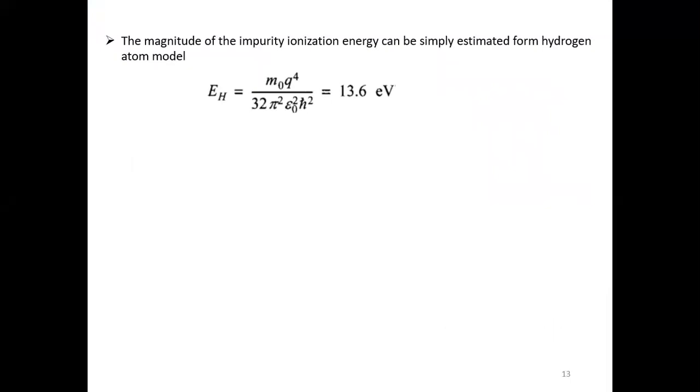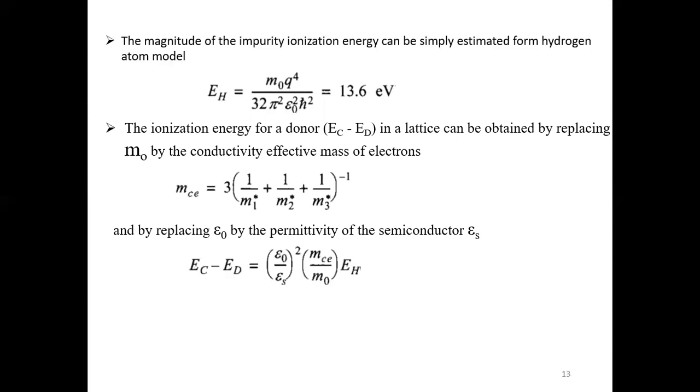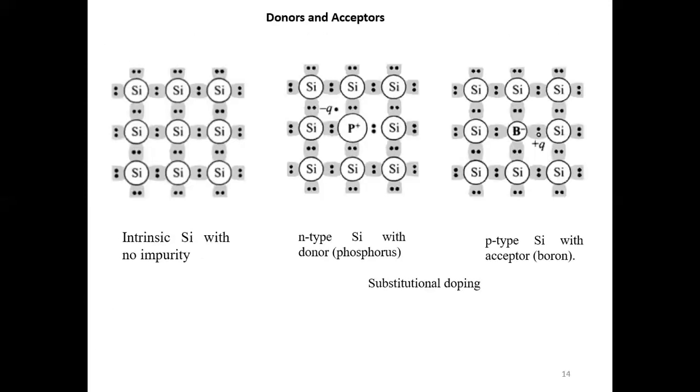The magnitude of the impurity ionization energy can also be calculated from the hydrogen atom models, but that is not that important. What is more important are donors and acceptors.